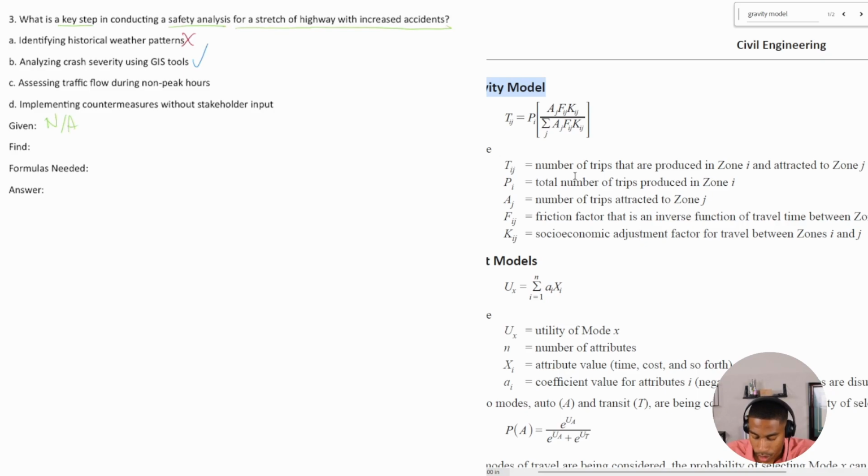So I don't know if it makes sense to look at traffic flow, especially when it's not busy. I would assume that fewer accidents will be taking place. So we're not focusing particularly on safety or particularly on accidents. So I'm going to say that's a no.